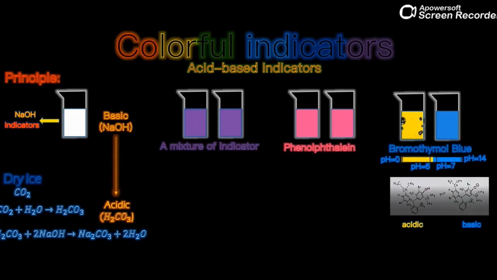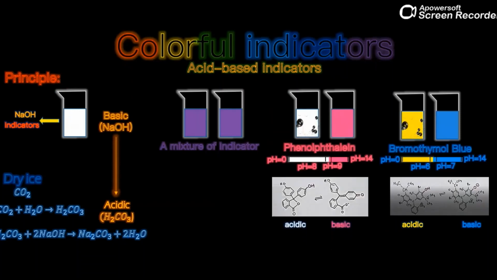Okay, now let's take a look at what's happening in the middle set of cylinders, which is pink. The indicator in there is phenolphthalein. The situation is quite similar to bromothymol blue, but this time, when the solution is basic, it's pink, and when it's acidic, it's colorless.